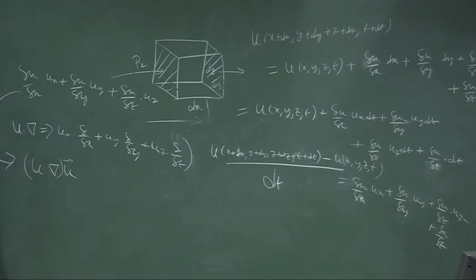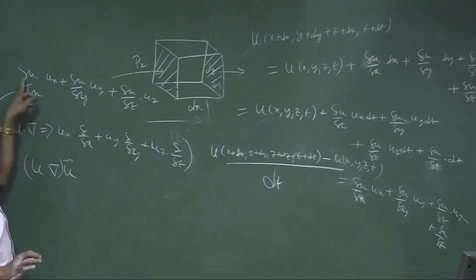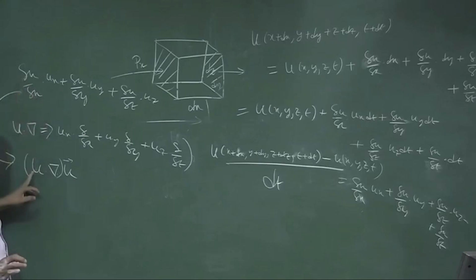Is the divergence of u okay or not? u·∇u, I consider, then I have du. So it is nothing but a divergence of this thing.